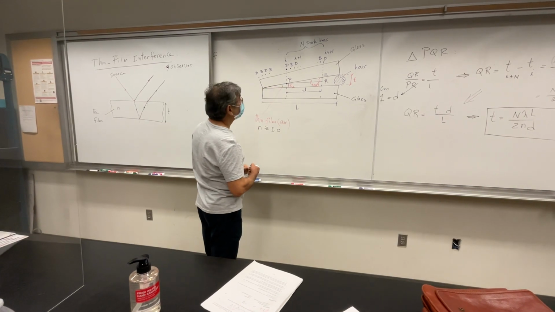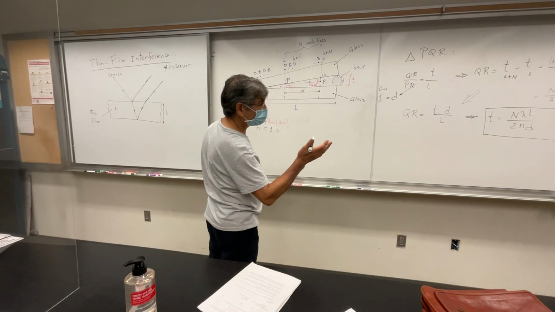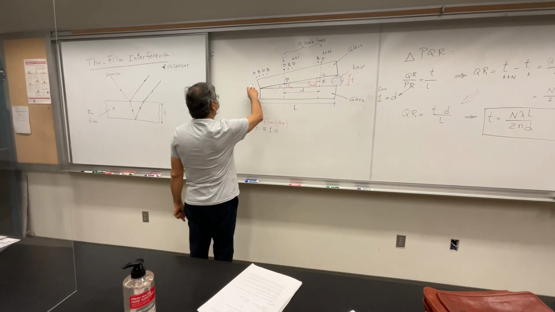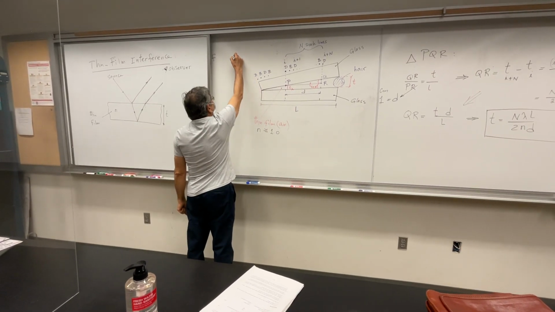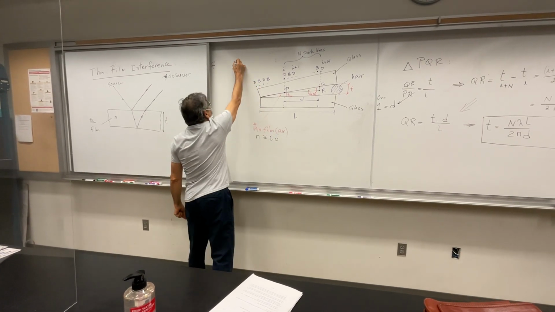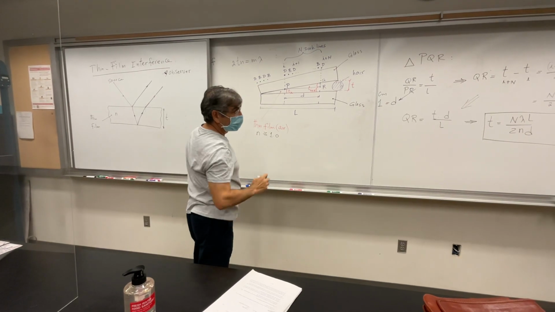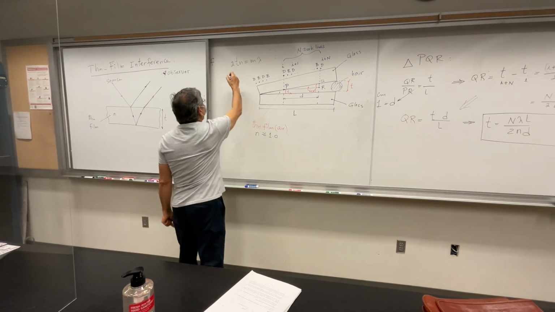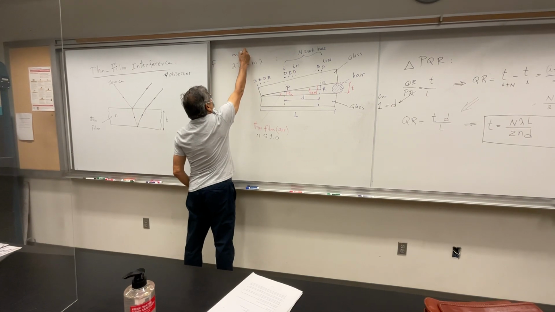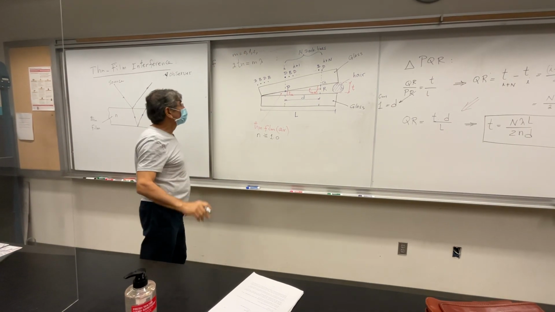And knowing that, the relationship, as I'm going to show you later on, for the dark fringes is 2 times T times n is equal to m times lambda, m being equal to 0, 1, 2, all the digits like that.